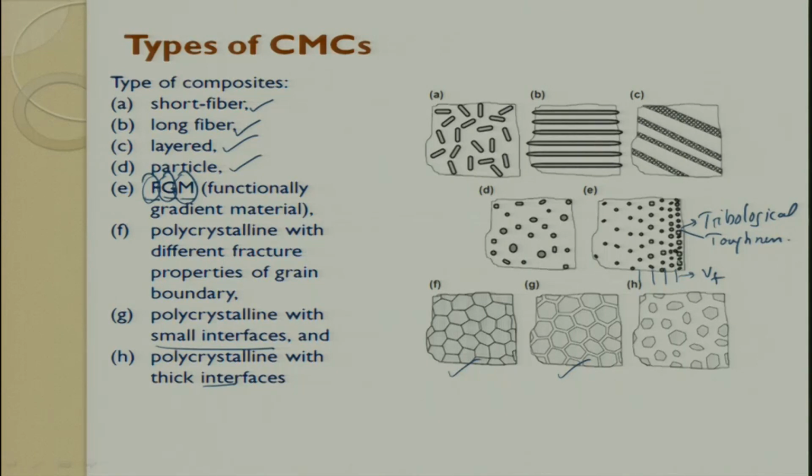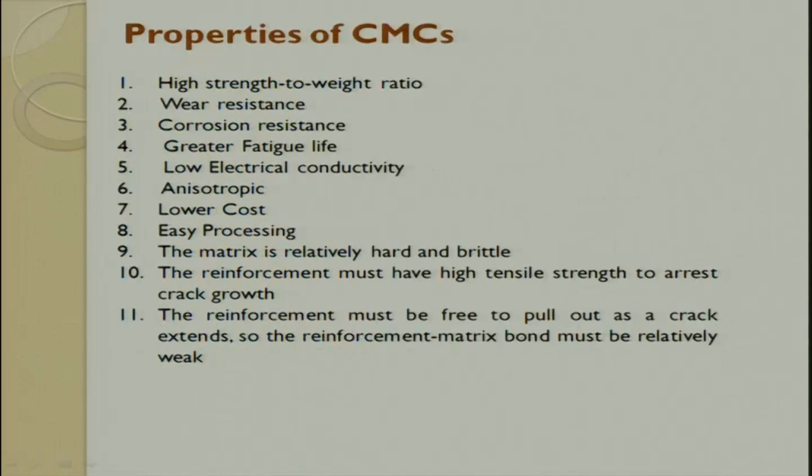So, if you remove the first 3 layers, then the tribological property will be less. Then you have polycrystalline with different fracture properties of grain boundaries. Then you will have weak interface and strong interface. So, at this interface the crack can grow, break, and yield out, and then you get the required output.